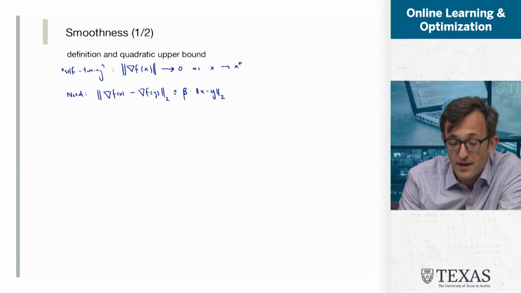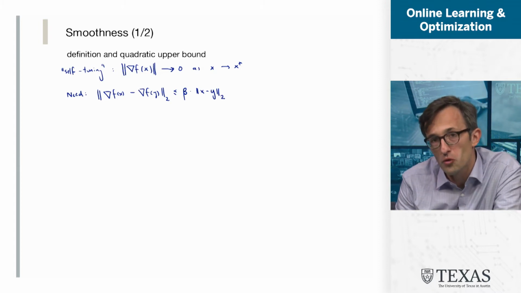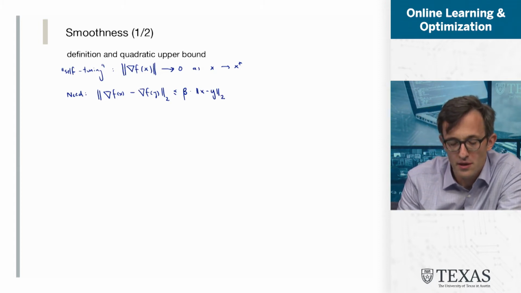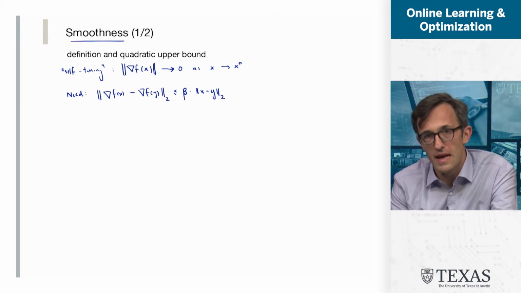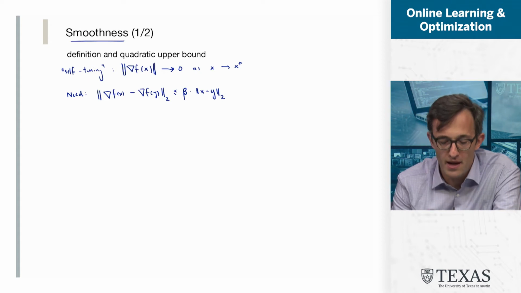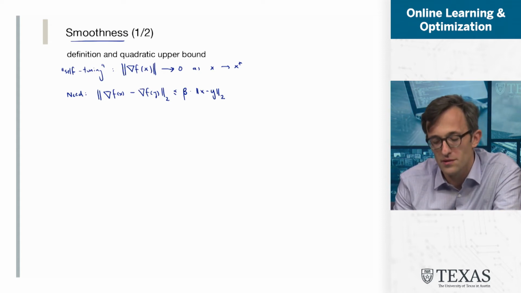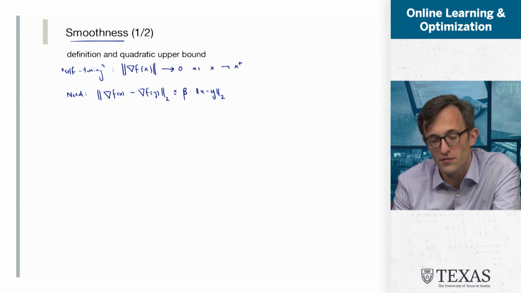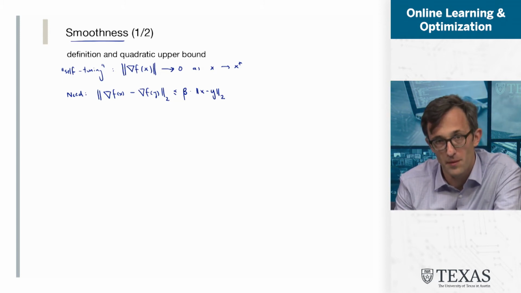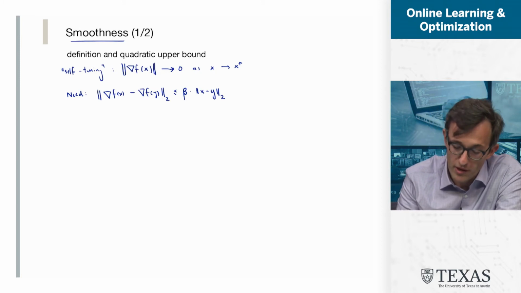This is saying that the gradient is smooth. The gradient is continuous. In particular, the word smoothness in convex optimization and convex analysis has a very specific meaning. I mention this because in other fields of math and science and engineering, smoothness may mean different things. But smoothness for convex optimization means specifically what I've written here.